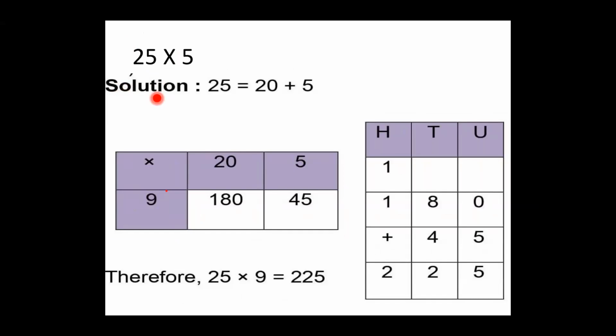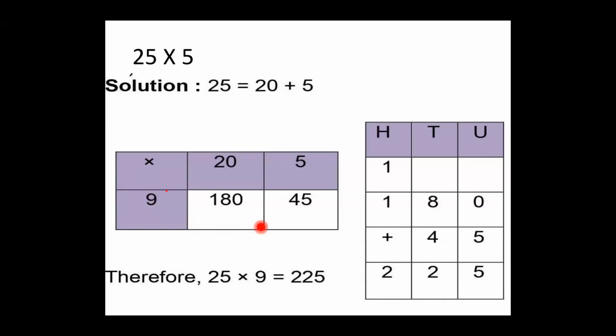It is not necessary that only if the first number is 2-digit we write the expanded form; we have to write the expanded form of both the numbers. But you will observe 25's expanded form is 20 plus 5, but 9's expanded form will be 9 only, because it is a 1-digit number. So 25 is equal to 20 plus 5.